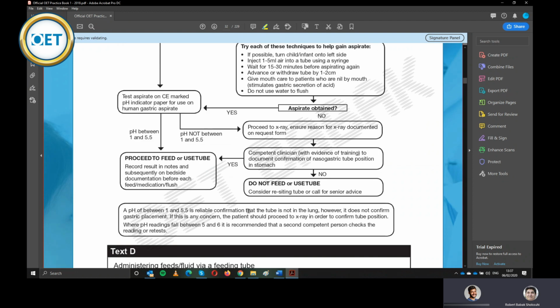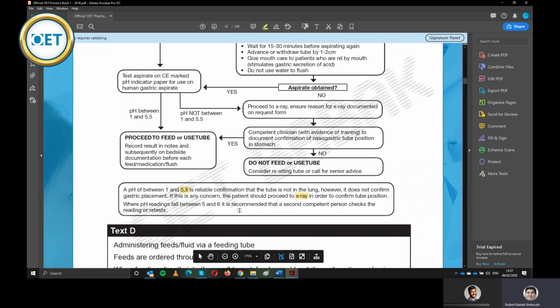There was a pH of 5.5. If it is above 5.5, it says that it is not in the lung, but it doesn't confirm that it's gastric placement. If there is any concern, you should proceed to X-ray. Between 5 and 6, a second competent person checks the reading or retests.